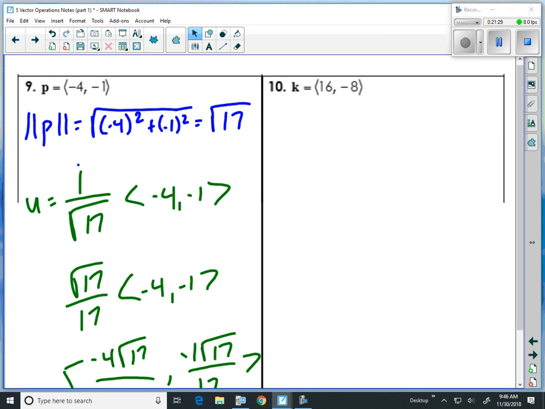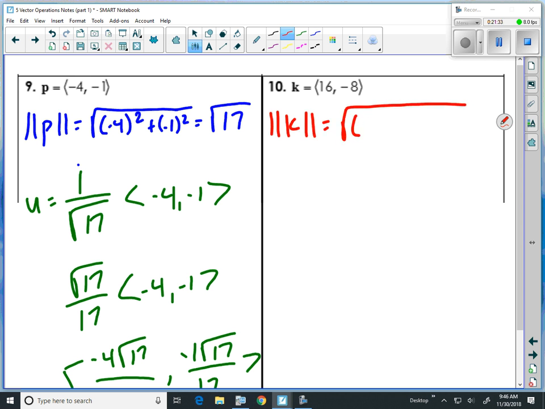Same thing here. Okay, first step, we're going to find the magnitude.